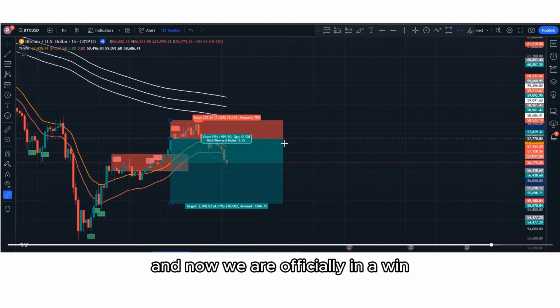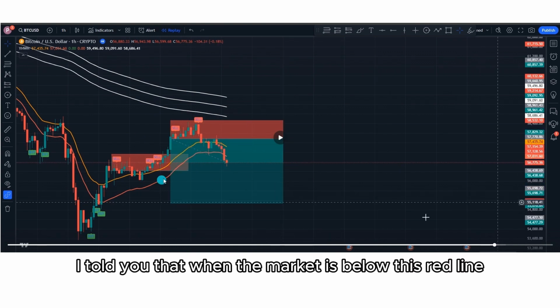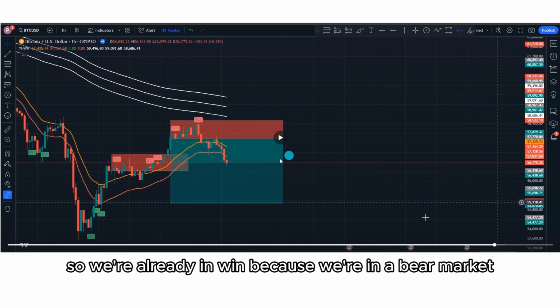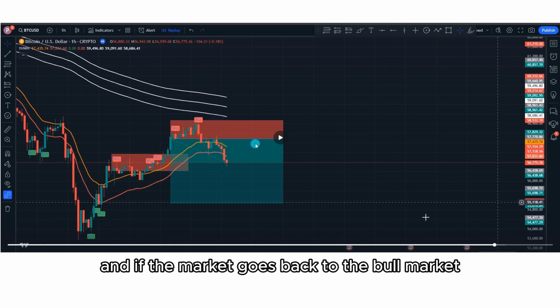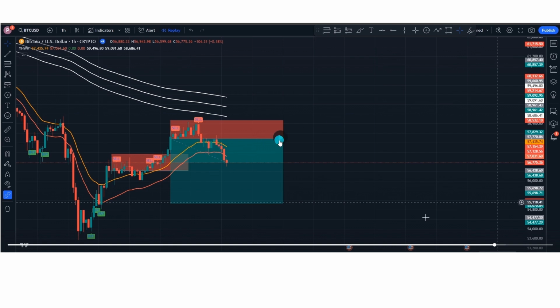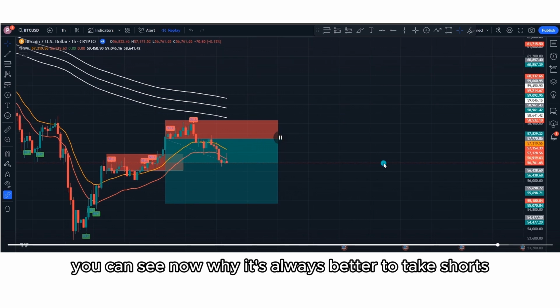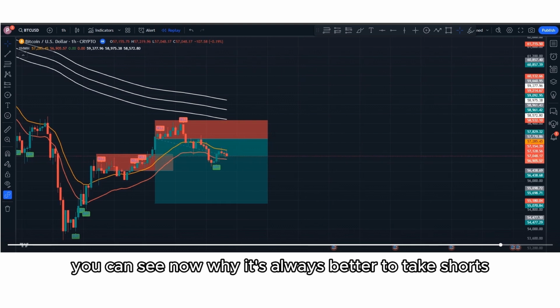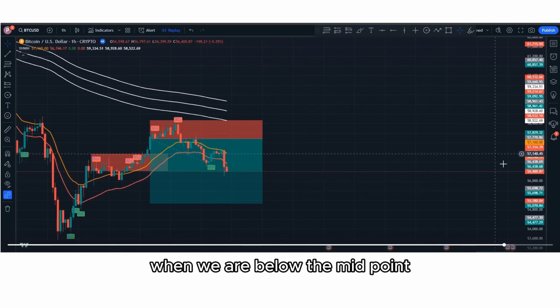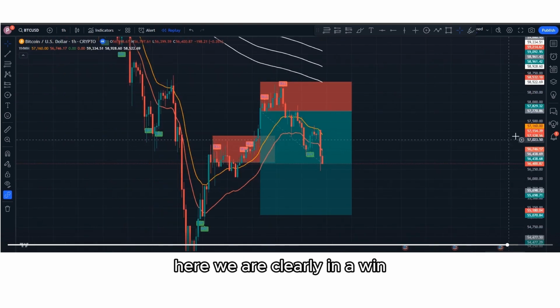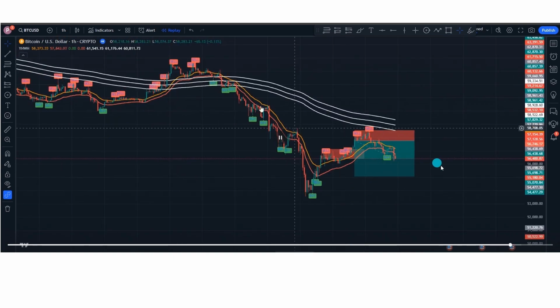And now we are officially in a win, because you remember I told you that when the market is below this red line, we are officially in a bear market. So we're already in a win because we are in a bear market, and if the market goes back to the bull market, we exit the short. So you can see now why it's always better to take shorts when we are below the midpoint. Here we are clearly in a win.